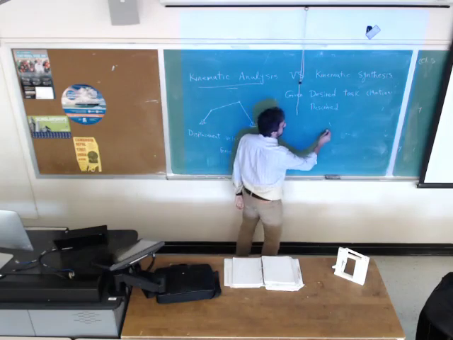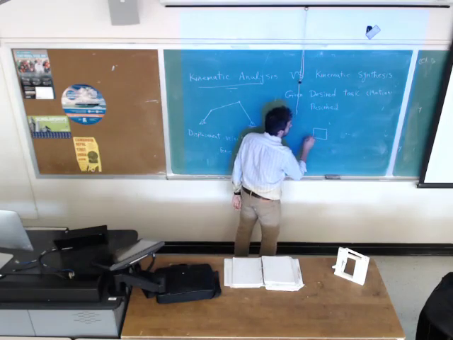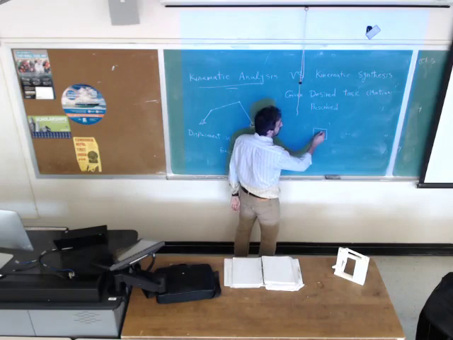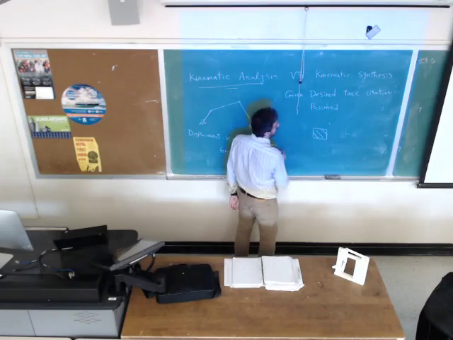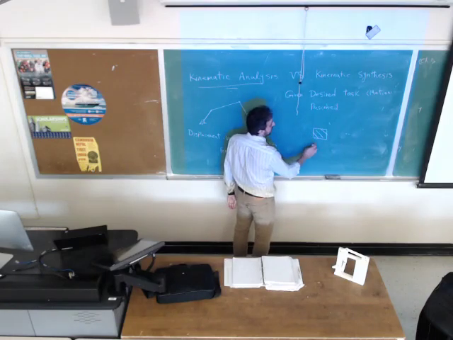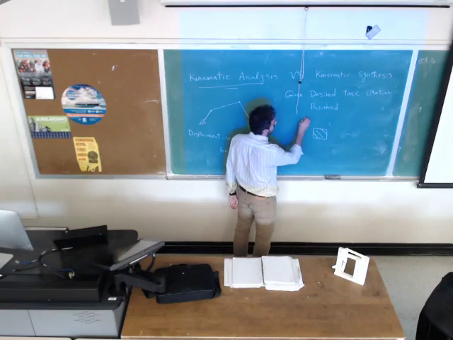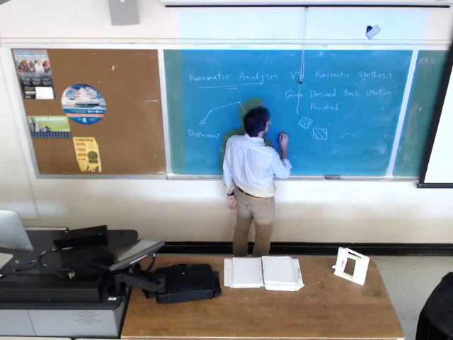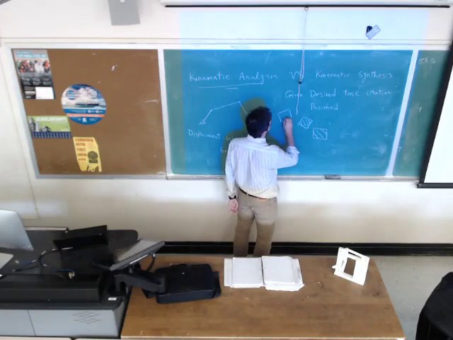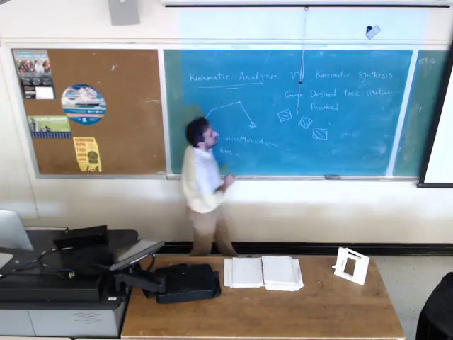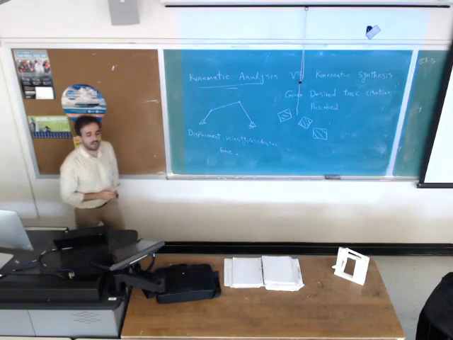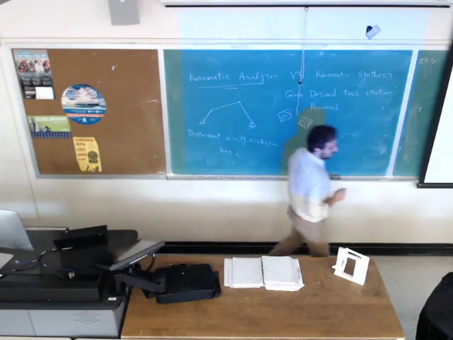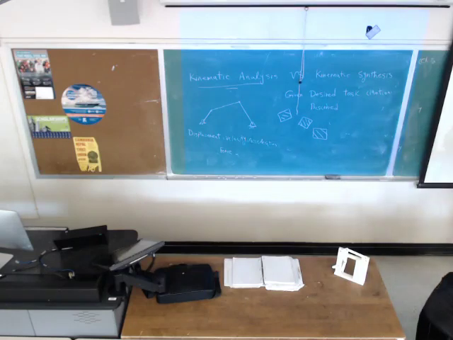It can be, for example, you would like to design a mechanism such that it's moving this box from this position to this position, and this position. It can be a desired task that you want to design a mechanism such that it generates this task for you.